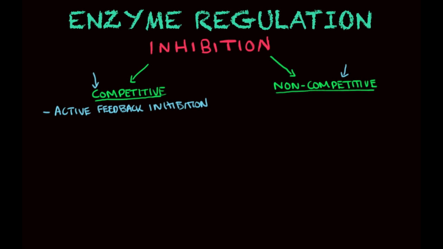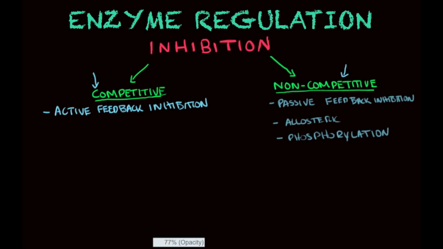Now, the non-competitive inhibition, like the name says, there is not going to be competition for that active site. Instead, there are going to be other parts of the enzyme that will influence whether it's switched on or, in this case, off. Now, one type is passive feedback inhibition, the opposite of active feedback inhibition.